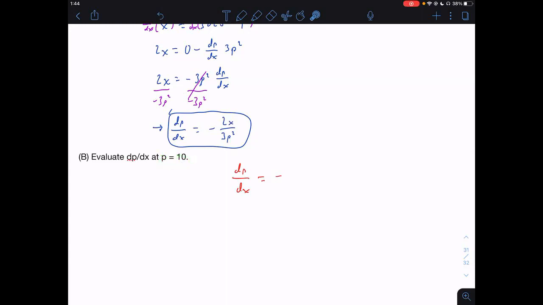All we know is what p is, which means that the denominator is going to be 3 times 10 squared. And on top, we're going to have 2 times, well, do we know what x is? No, it does not specify a value for x here. So does it mean we just stop and skip this problem? No. Can we find x if we know the price?